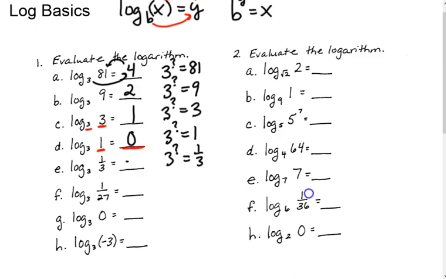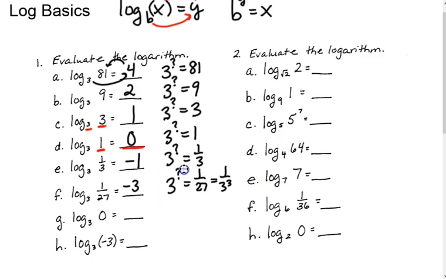Okay, the next one, 3 to what power is equal to 1/3? Well, that's -1. We just learned that when we talked about exponents. Okay, 3 to what power is equal to 1 over 27? Well, think 1 over 27 is 1 over 3 cubed. So I would have to make 3 to the -3 power to get 1 over 3 to the +3.